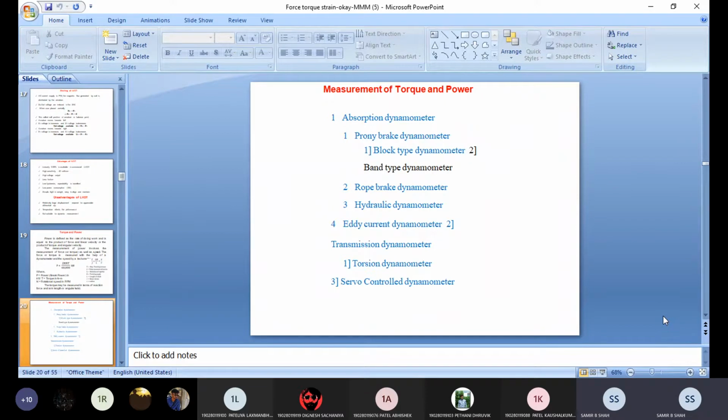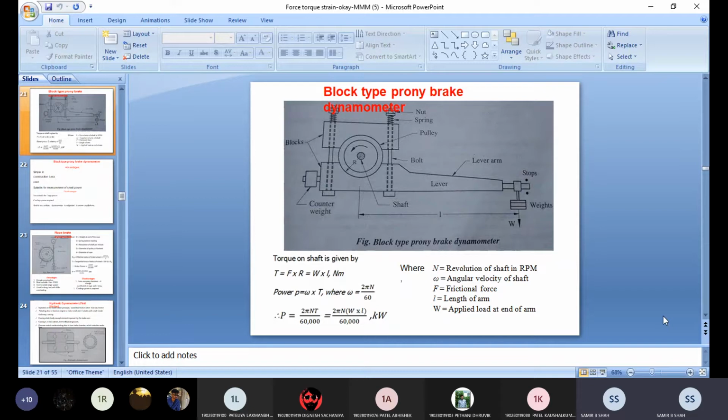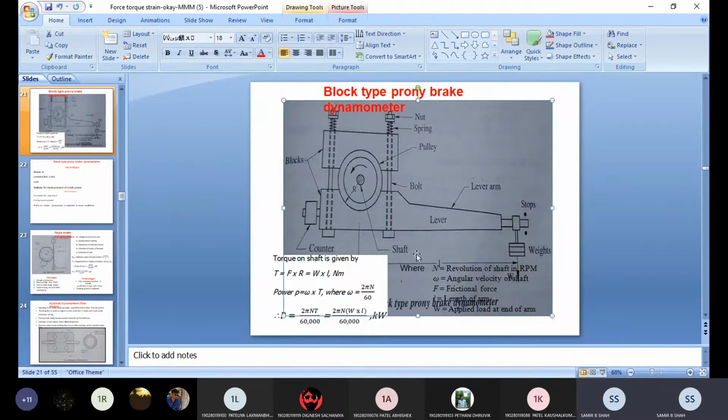As you see in the diagram, the first one is a block type or Prony brake dynamometer. This is an absorption type of dynamometer. And you can just see the figure. Here, I just zoom the figure so it is very clear in your mind.